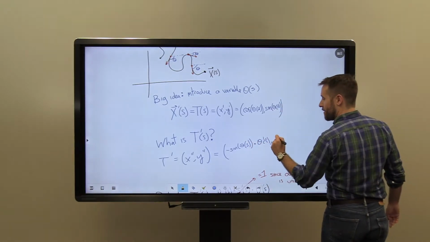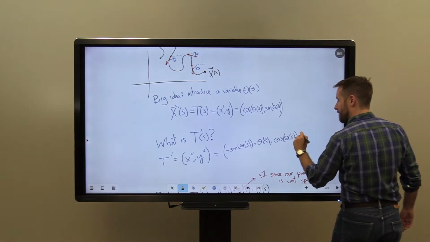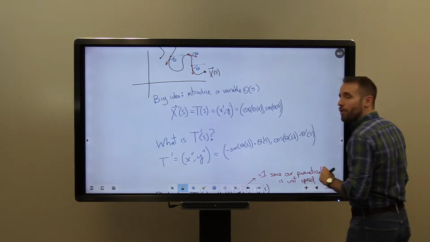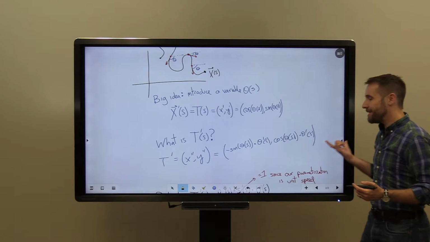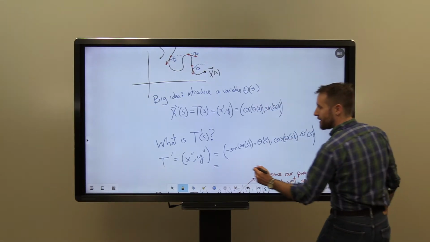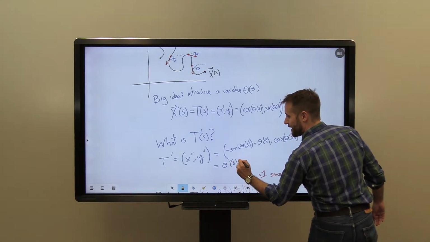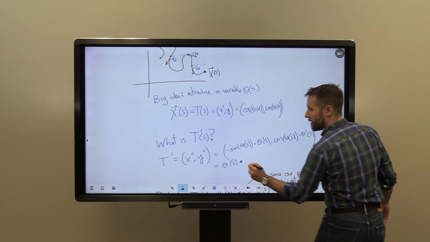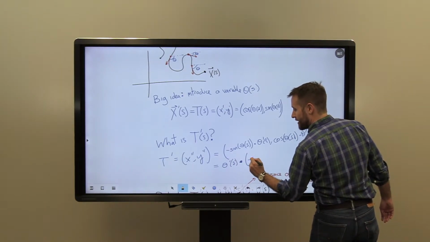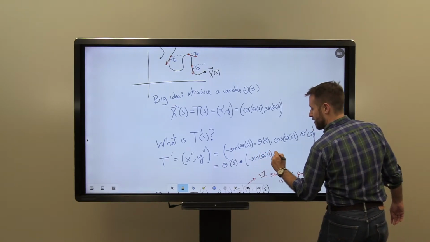And then the same thing over here, we'll get cosine of theta of s times theta prime of s. So according to the chain rule, we get this extra piece here. And this will equal, to consolidate this a little bit, I'll factor out this theta prime of s. So we get theta prime of s times negative sine of theta, cosine of theta.